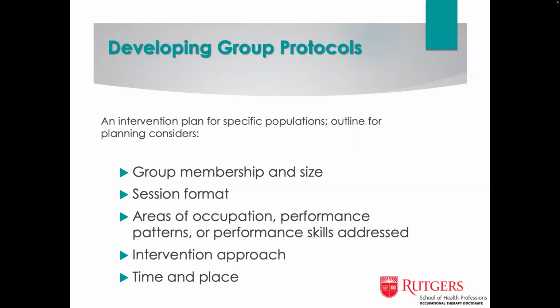The performance skills are that long list of all the things that we talked about a few weeks ago. Those are the mental cognitive pieces that are necessary, the strength, the attention pieces, all those bodily functions and structures that you might need to be able to participate in this task.